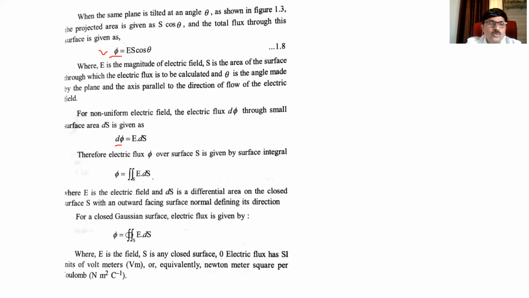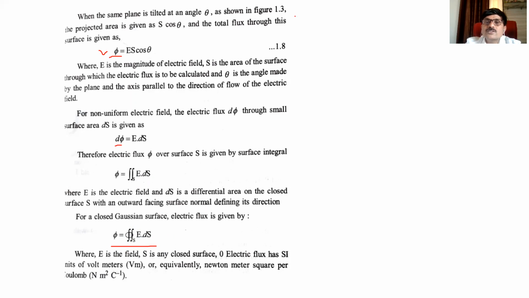Or if there is a closed surface, a Gaussian surface, then the flux is given as phi equals the integral over the closed surface of E dot ds. In this way, one can understand the concept of electric field, electric field lines, and electric flux passing through a surface area.